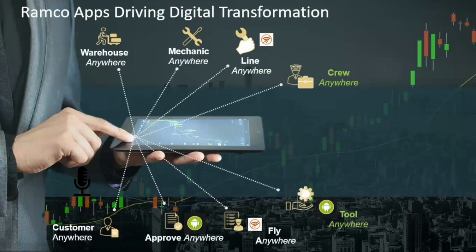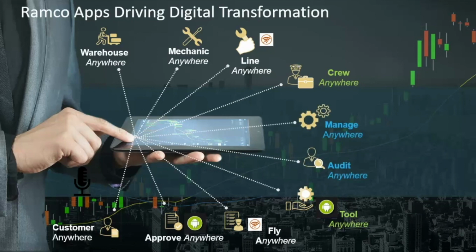Tool Anywhere to manage all activities of a tool crib in a mobile device. And finally, Manage Anywhere and Audit Anywhere, which are currently under development for reviewing company operational statistics and perform quality audits in a mobile device.